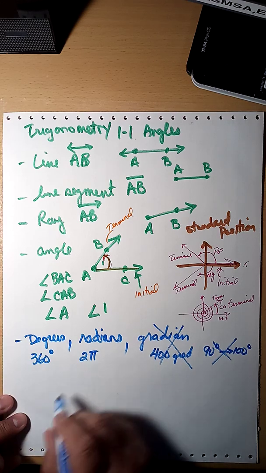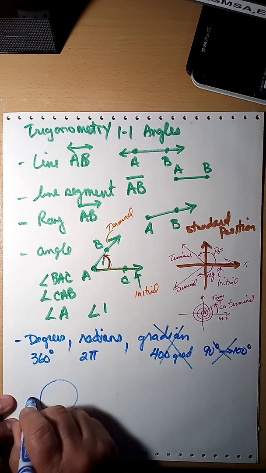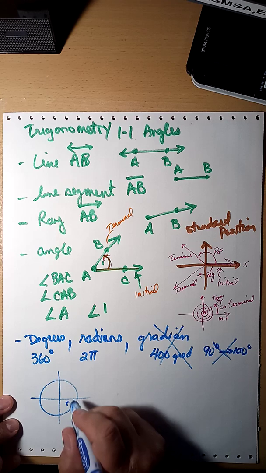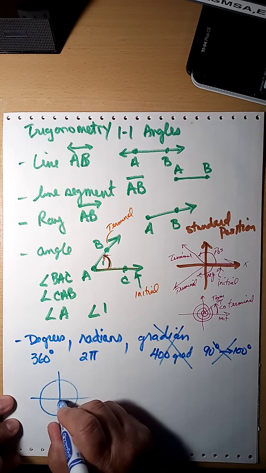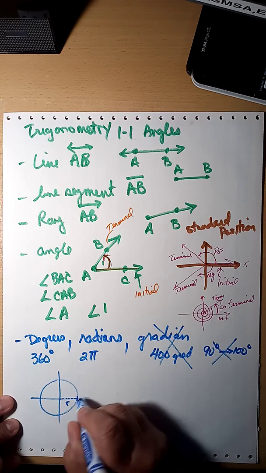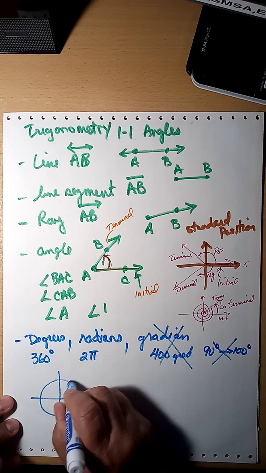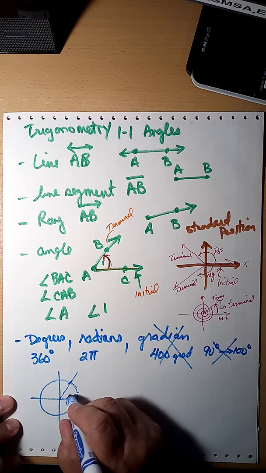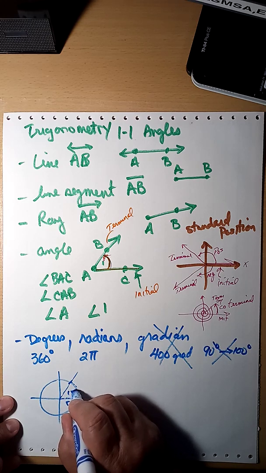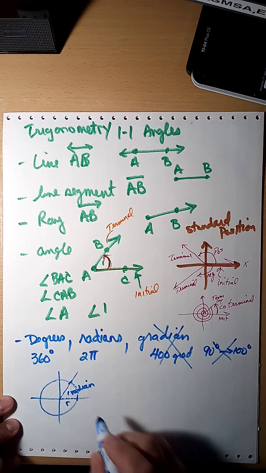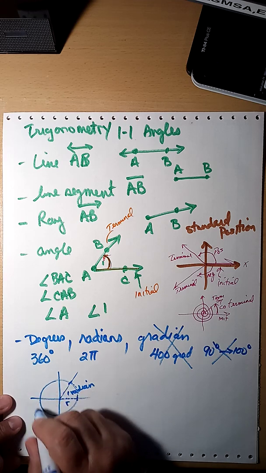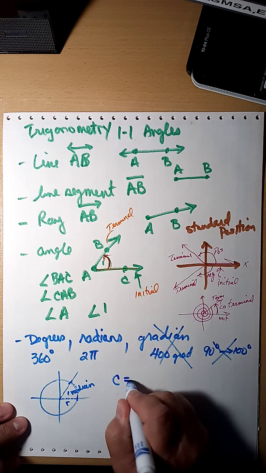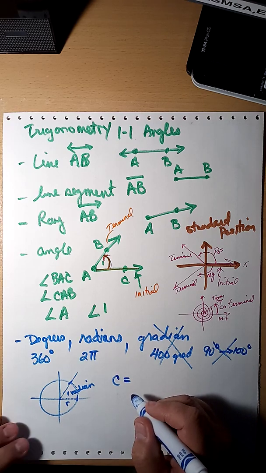How do you get to radians from that? Well, if this is the radius of a circle, and you take this length and measure around the circle that length, that curved length, this is then 1 radian. And if you do that and go all the way around the circle, you get the circumference. But what is the circumference?